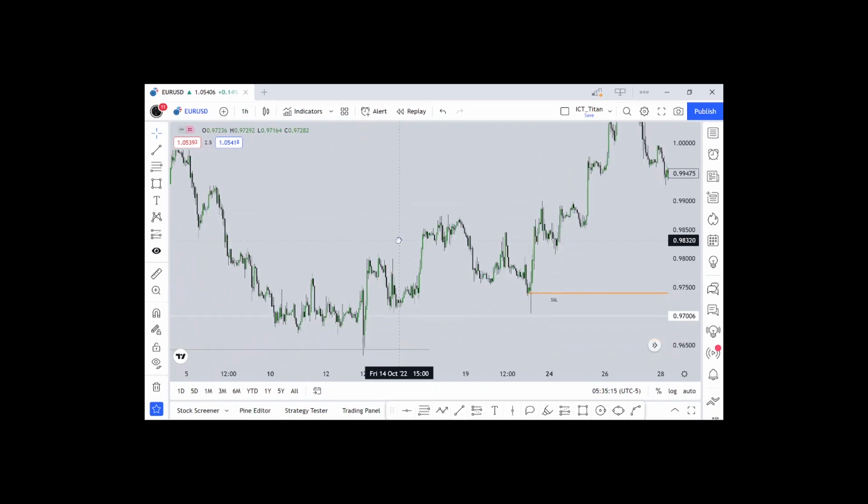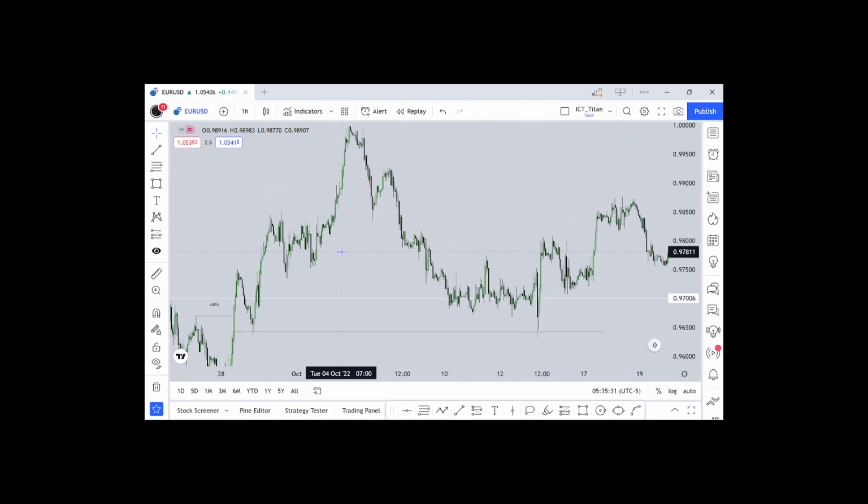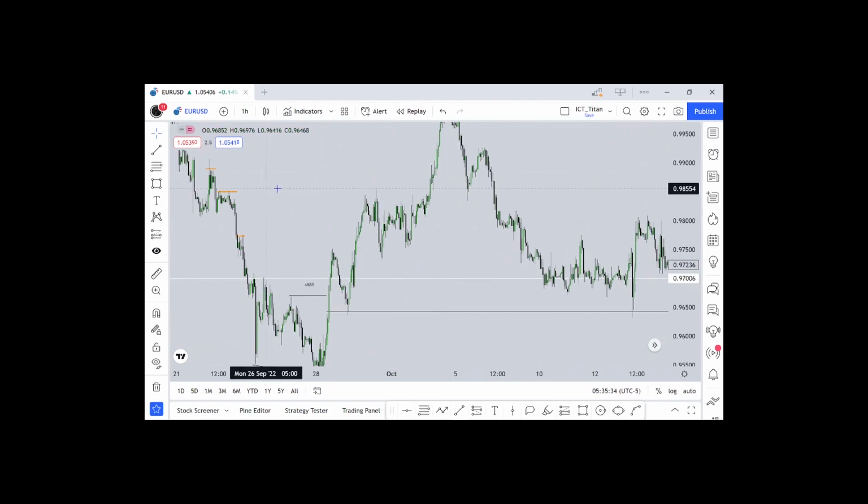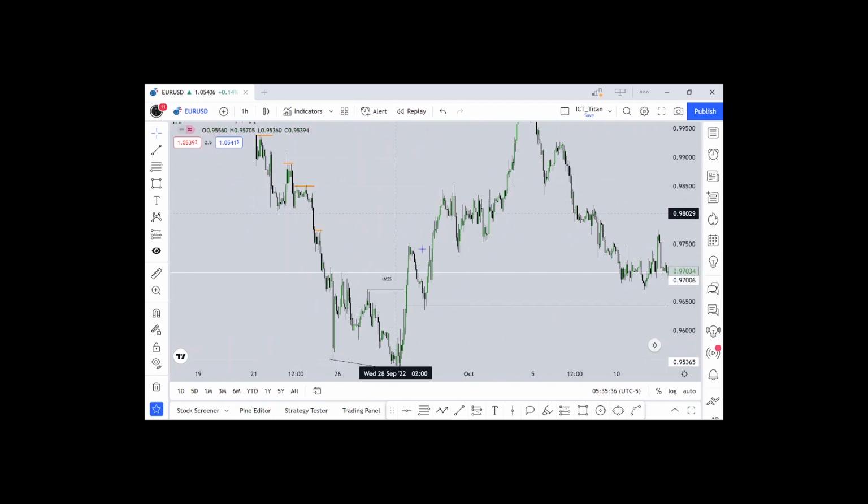So that's basically how the 2022 ICT model works. And if you do that from the higher time frame, let's say from monthly to the 1 minute, depending on the trader you are, if you're swing trading, day trading, whichever trader you are, do the same thing.